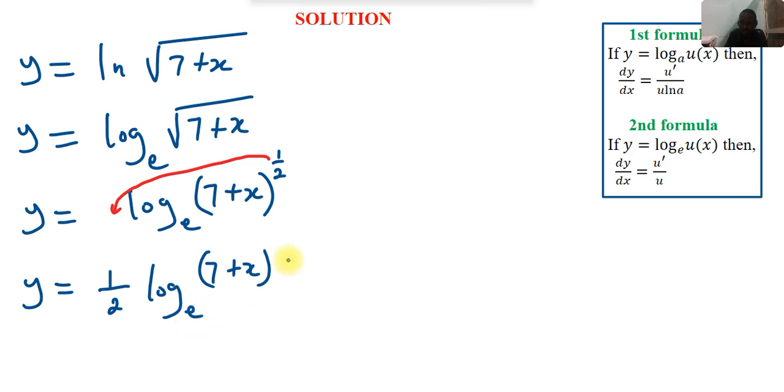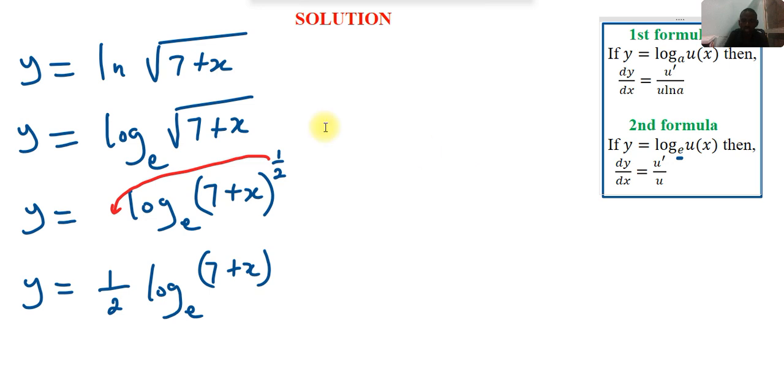So definitely we are going to use the second formula, which is this. So as long as our y equals log u base e, we concluded that dy/dx is going to be u prime over u. So the question is, what's our u and what's our u prime?